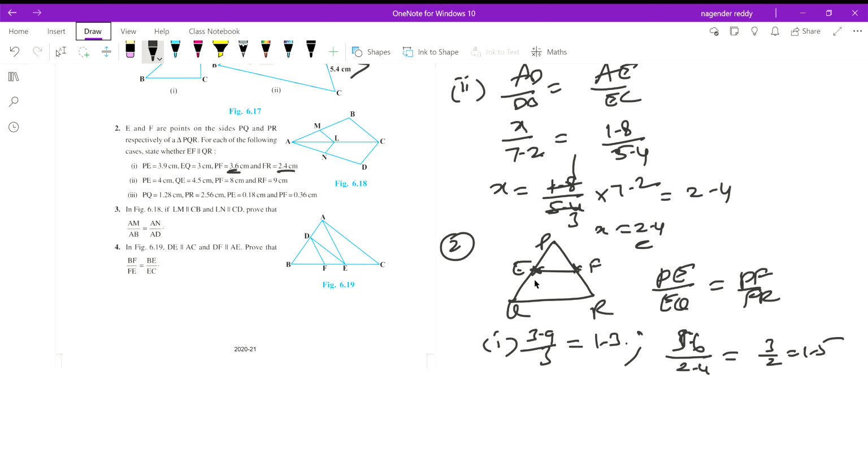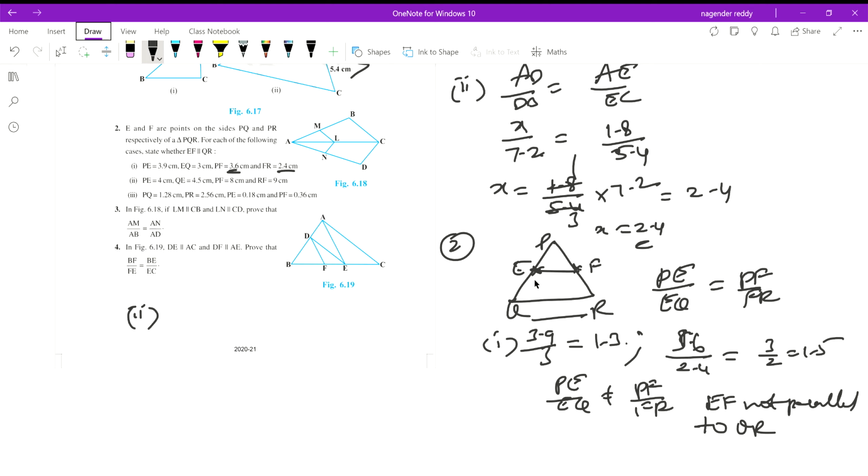So both are not equal. That is, PE by EQ is not equal to PF by FR. Therefore EF is not parallel to QR in the first case. And we'll go for the second case.